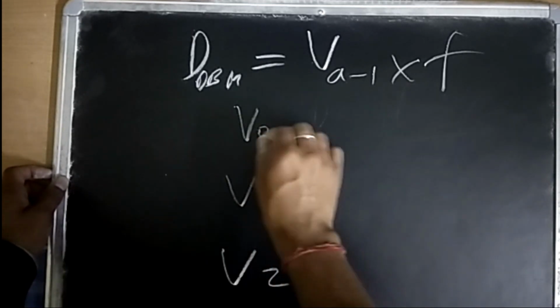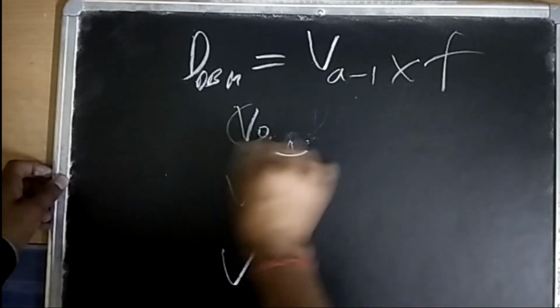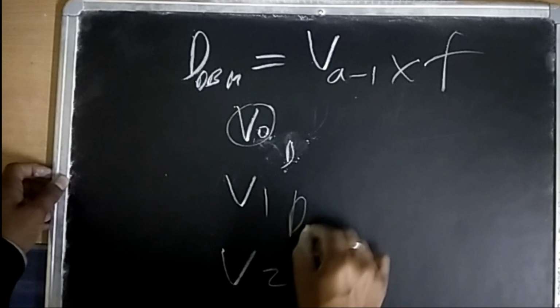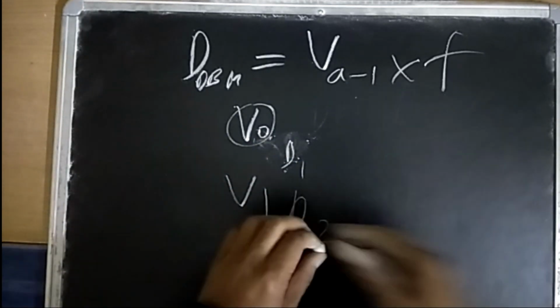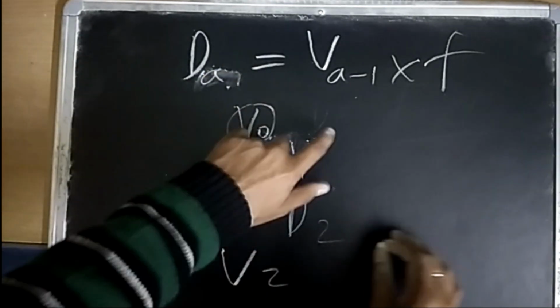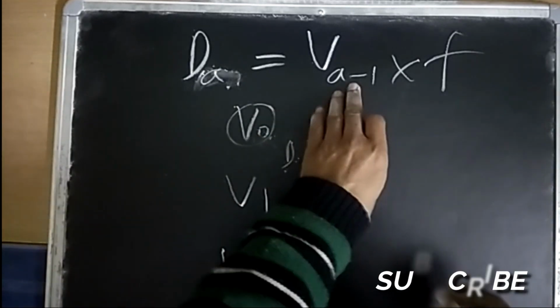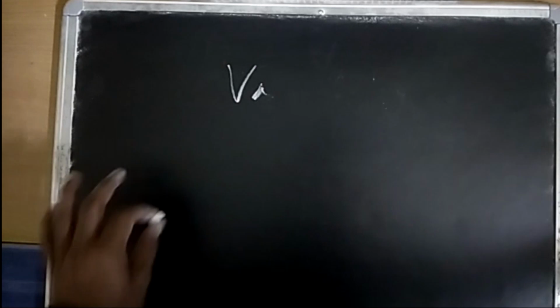If this is D1, then it is V naught into F. After subtracting, we get the value VA, and from VA we again find the depreciation for the next year.